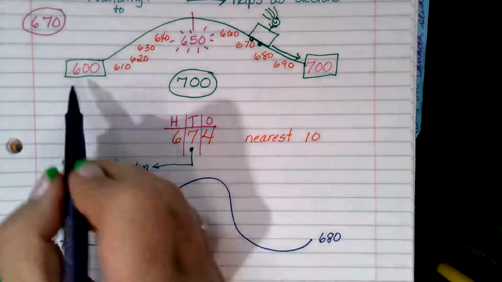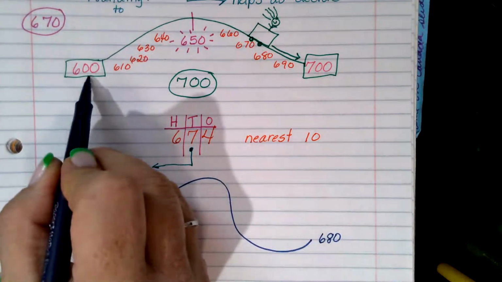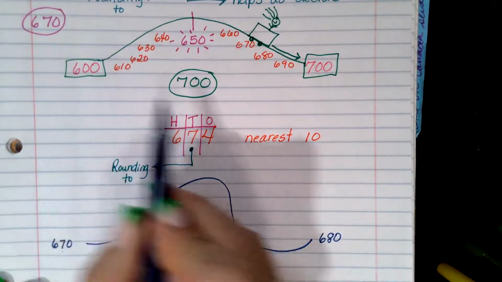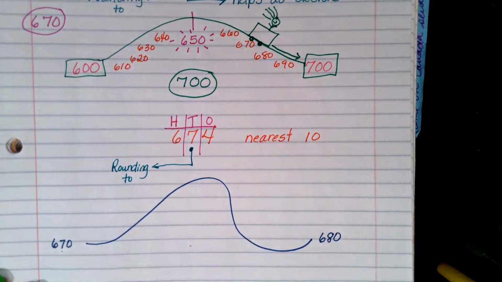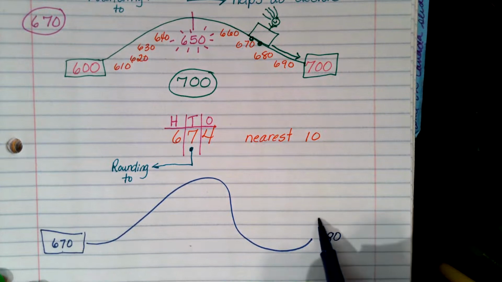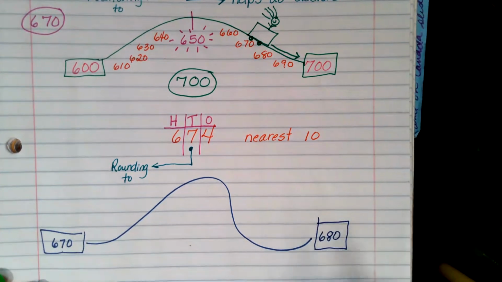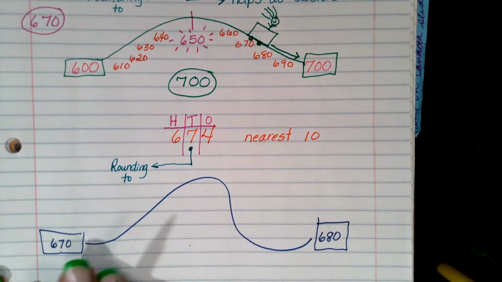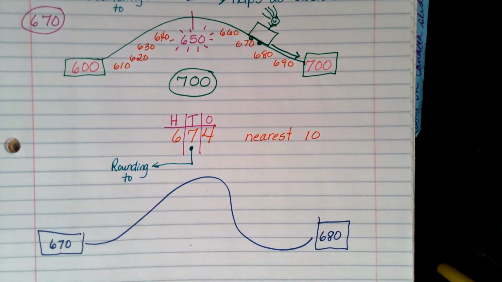Notice the difference. We were rounding to the hundreds here, so we had hundreds, 600 and 700. We're rounding to the tens in this one, so we have to have tens here and here. We still have our hundreds, but we're not showing anything in our ones place value.